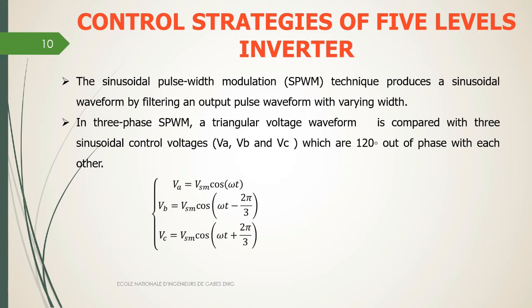The strategy is characterized by the modulation index M, where we use 4 bipolar triangle carriers UP1, UP2, UP3, UP4, phase-shifted by a quarter of the period TP relative to one another, as in the SPWM strategy with one carrier.